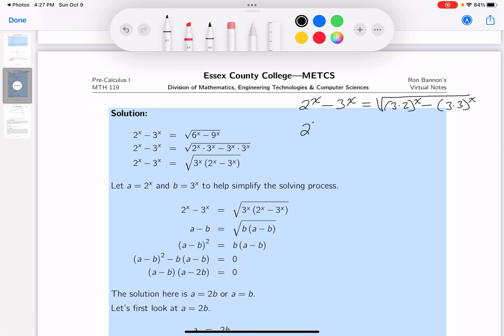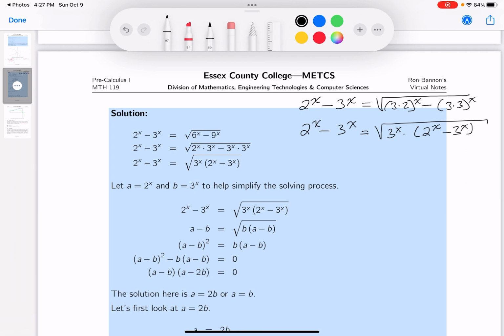Let's keep writing this over. What I'm going to do is factor out 3 to the x, which is common between the two terms, and you're left with 2 to the x minus 3 to the x.